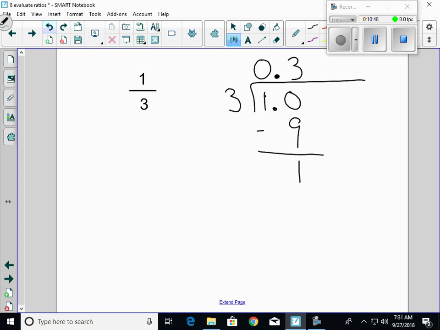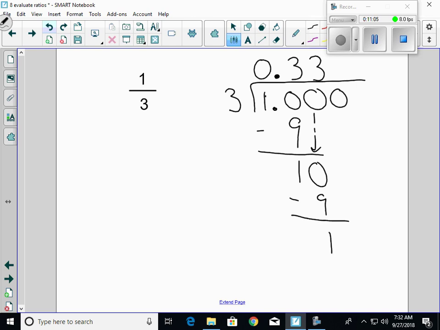Okay? Whenever you have a remainder, you need to add a 0 and bring that 0 down. 3 goes into 10 3 times, because 3 times 3 is 9. Okay, I have a remainder.